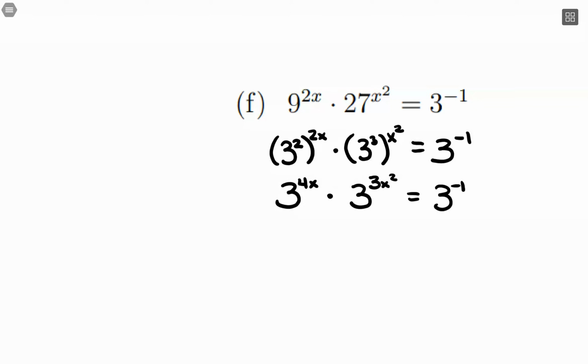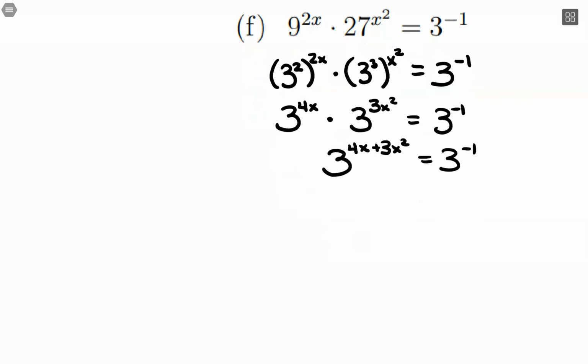All right, an exponent rule that we have, for a little review, if you're multiplying values that have the same base, we add the exponents together. So what I can do is combine these to a base of 3, and in the exponent I'll have that 4x plus 3x squared. That equals 3 to the negative 1.